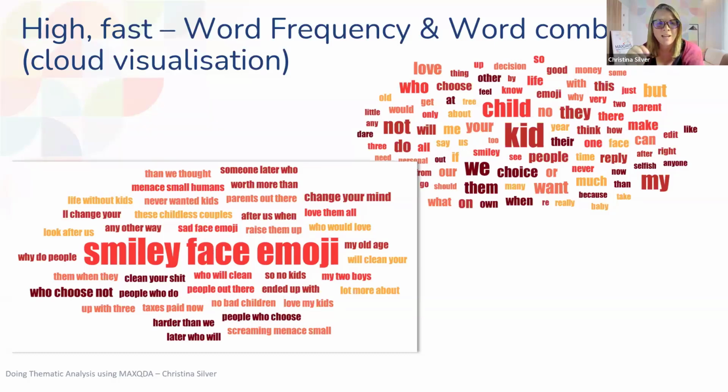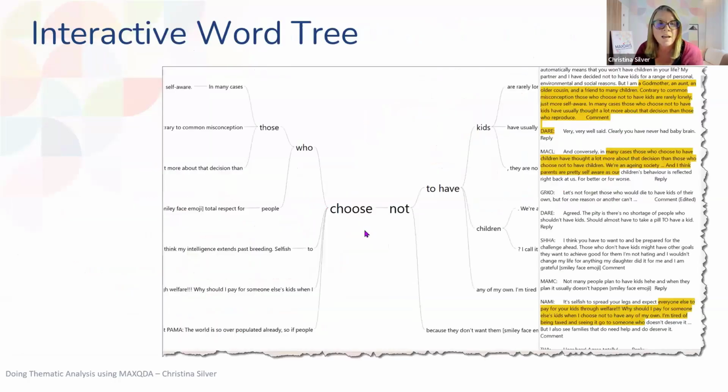If we want to delve down into the data a little bit more, we can access from these word clouds the actual context within an interview transcript or whatever the data is, but we can also see that in an interactive word tree where we can see the roots or the branches coming off and coming before particular individual words, and then start to see a little bit more about the context within which particular words or phrases are used.